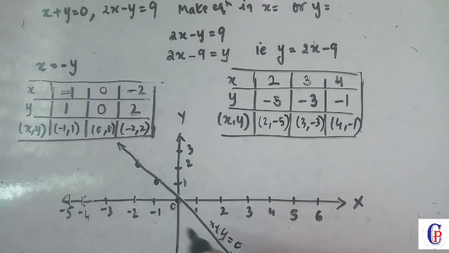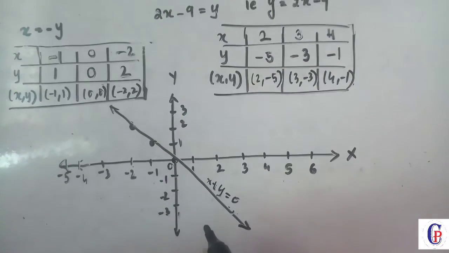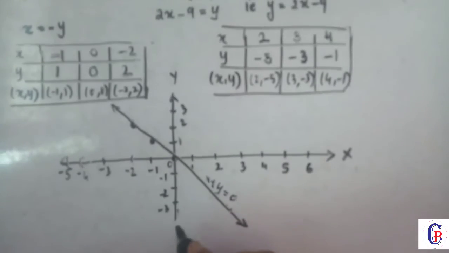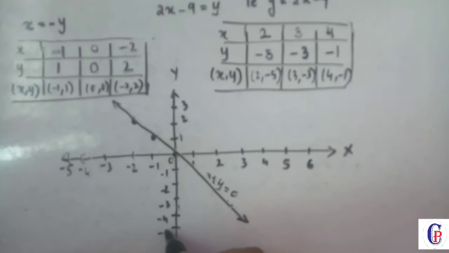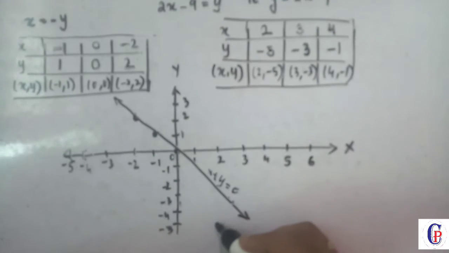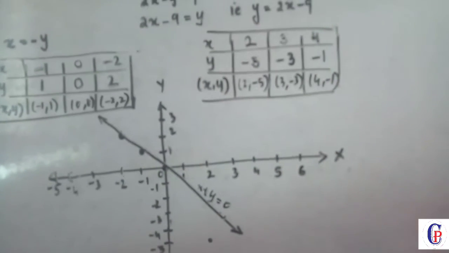Because this is minus 1, minus 2, minus 3, minus 4, minus 5. So 2 comma minus 5 will be seen here.